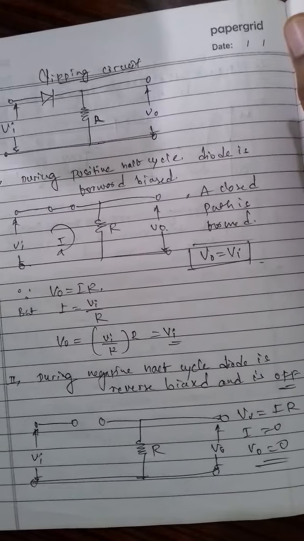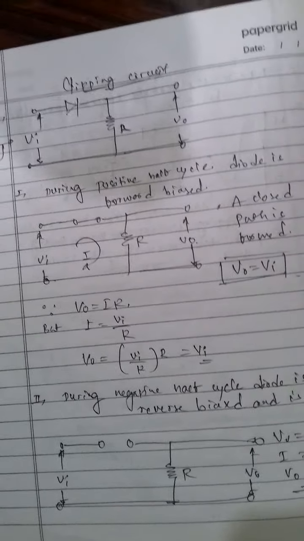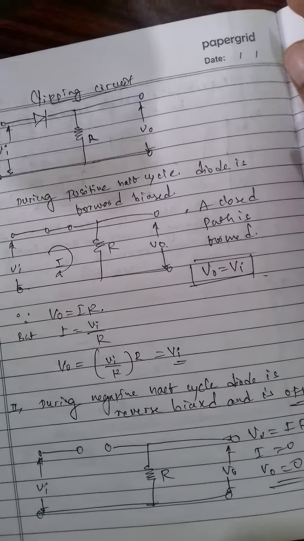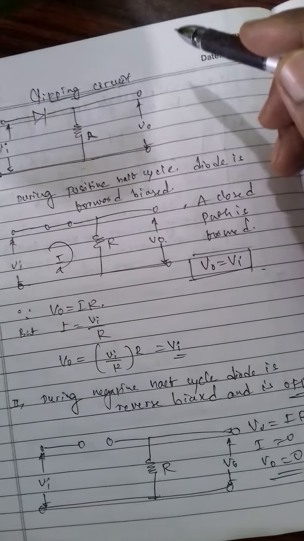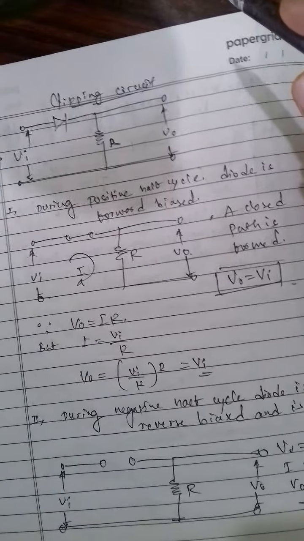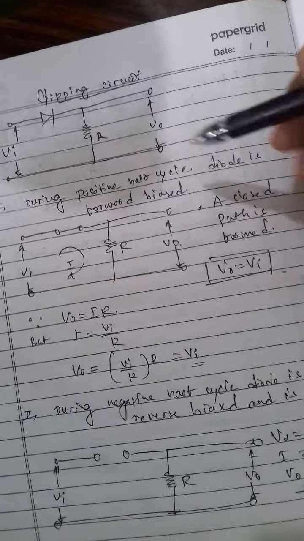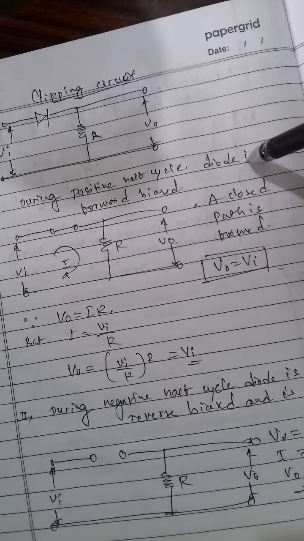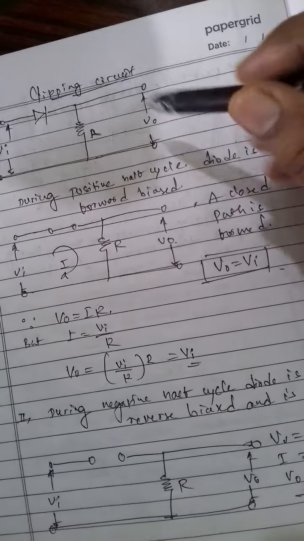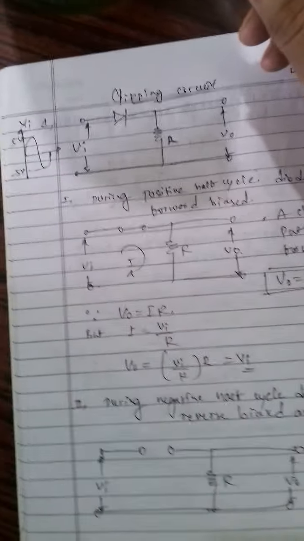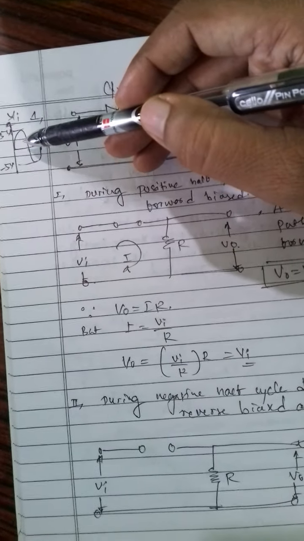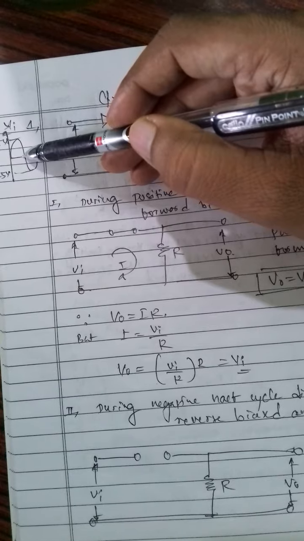Here, we shall understand this concept by using one of the series clipping circuits. During the positive half cycle of the input signal, positive half cycle means this one.